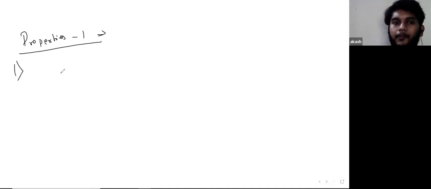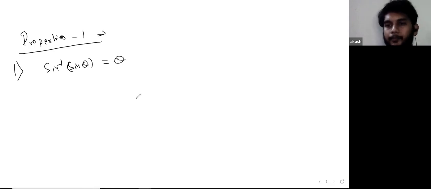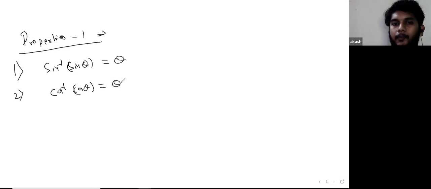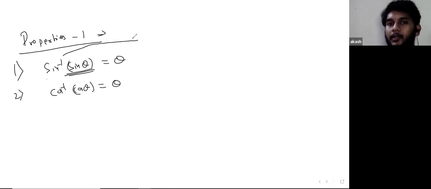So the first property is sine inverse sine theta is theta. Cos inverse cos theta is theta. But you have to keep one thing in mind. No matter what value you put in here, sine inverse will always return its output, its range.